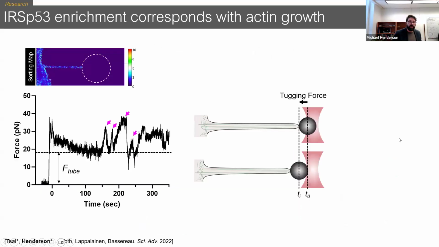And when IRSP53 is enriched, we can use our force trajectory plots to report on actin development within these tubes. Initially, as I mentioned, when we pull these tubes, there's a static force that's necessary to hold them. So any kind of dynamics, i.e. visualized through peaks, would be indicative of actin growth within these tubes, as hinted here with these magenta arrows.